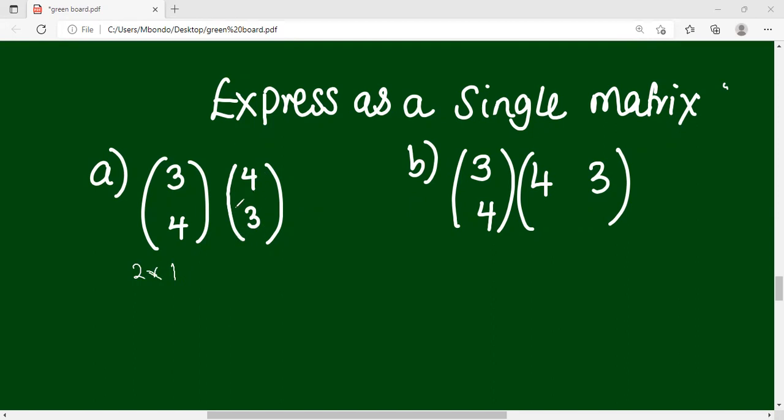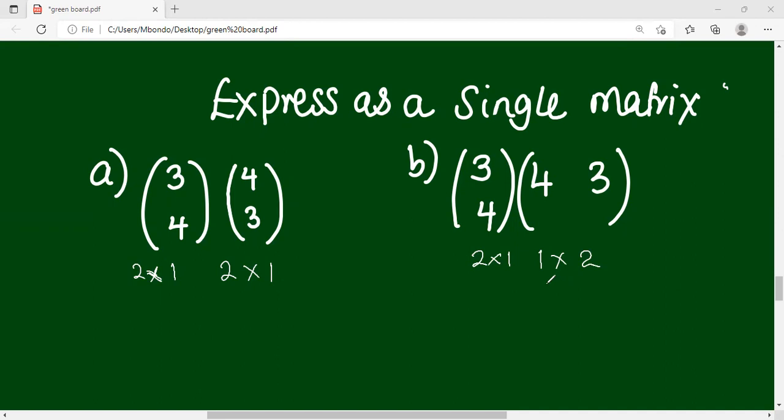Then the second one is 2 by 1. Both of them carry the same order. Then the next one is a 2 by 1, and then 1 by 2. Okay?